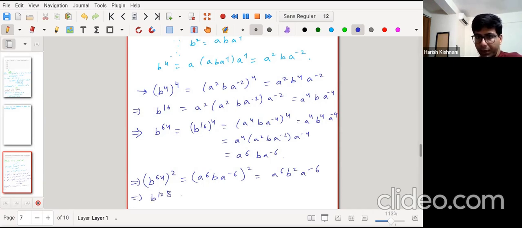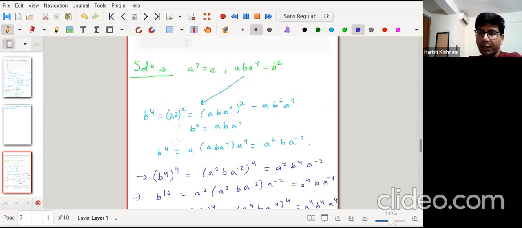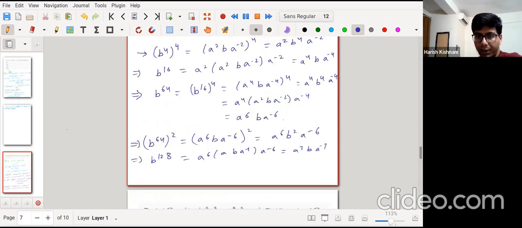And it is a^6, b square is a b a inverse, so it will be a^6 a b a inverse a minus 6, so it is just a^7 b a minus 7. Now as your a^7 is identity, a minus 7 is also identity.